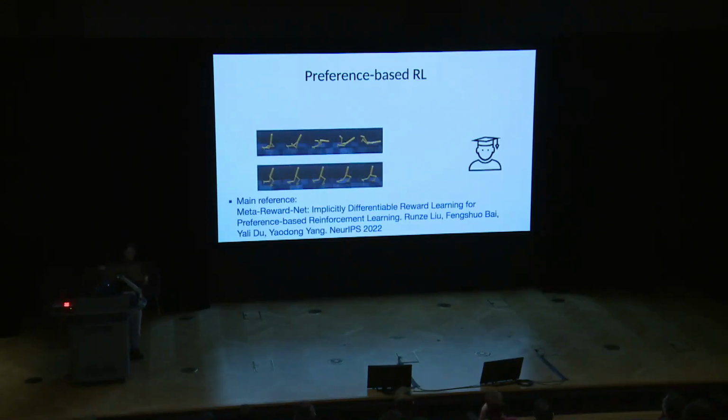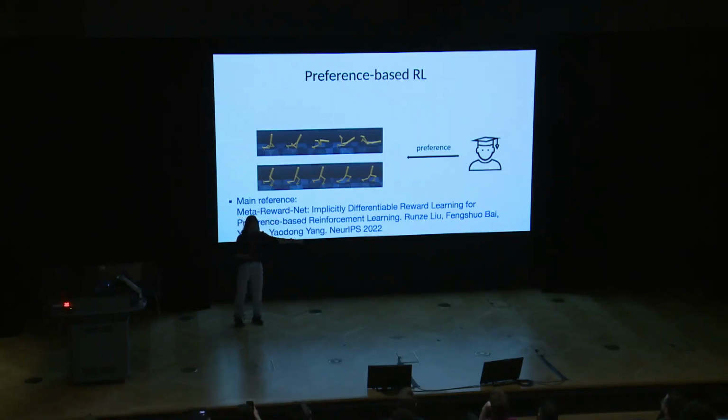An example is like this. For example, if you are training a biped robot to learn to walk, the RL agent would generate different trajectories. The upper row and the lower row are two trajectories generated by this RL agent.